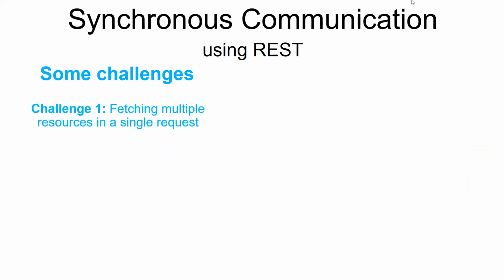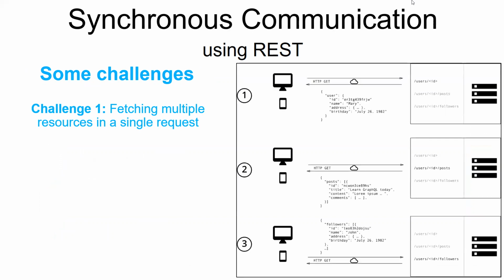REST resources are usually oriented around business objects. Consequently, a common problem when designing a REST API is how to enable the client to retrieve multiple related objects in a single request. For example, in a blogging application, an app needs to display the titles of the posts of a specific user. The same screen also displays the names of the last 3 followers of that user.